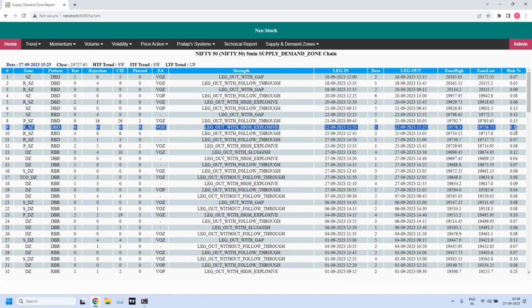So we have immediate high liquidity supply zones available between 19,738 to 19,717. So here a lot of supply is available. How are you identifying? By seeing these high liquidity zones. So if price breaks these high liquidity 5-minute supply zones, probably the 15 minutes trend will be changed to uptrend.